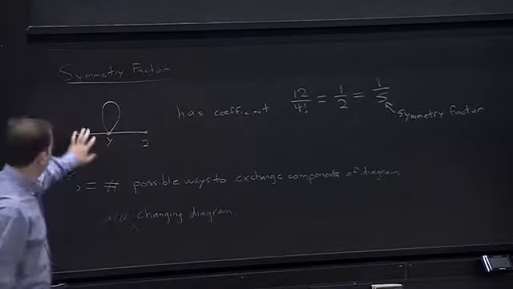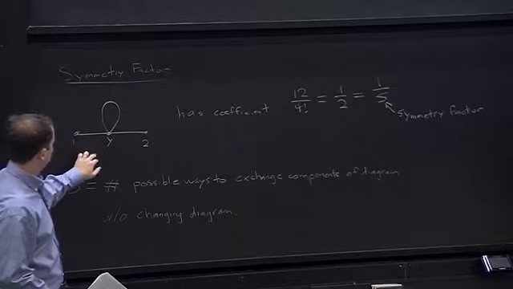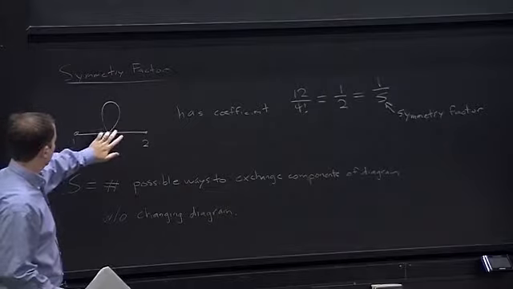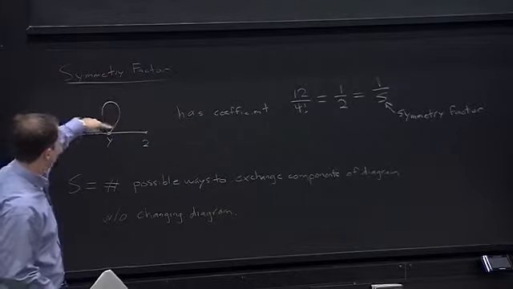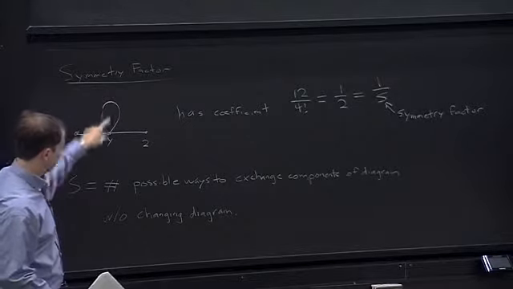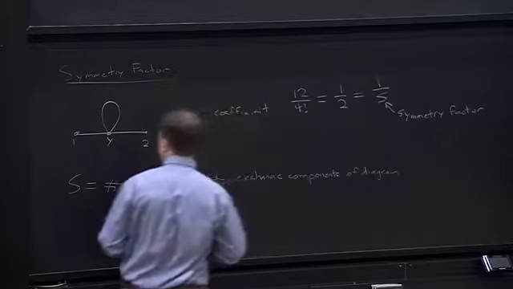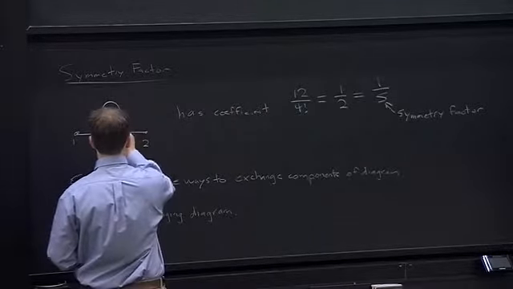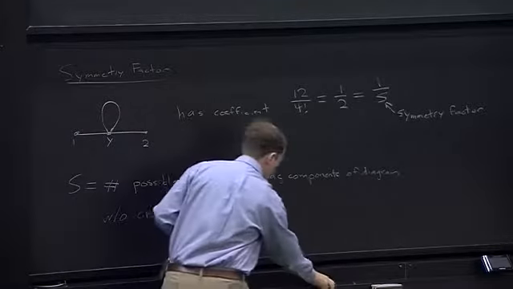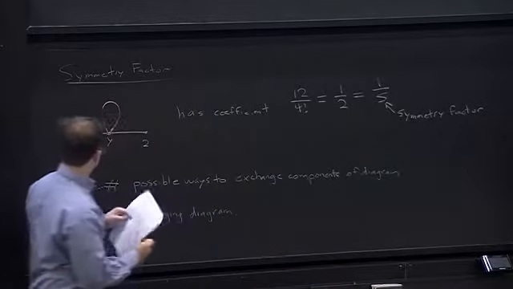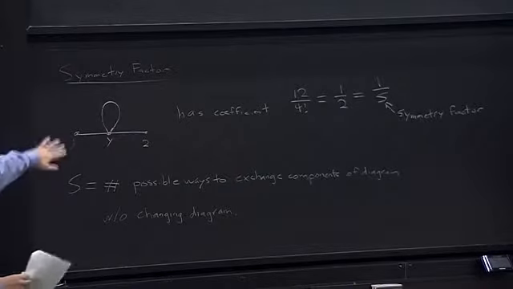And for this example, the symmetry factor of 2 can be explained by the fact that if we exchange the ends of this internal line, if we gave them some fictitious labels, say called one of them the blue and one the orange line, it doesn't matter whether we put the blue line on the right or the left. So it is a symmetry factor of 2.